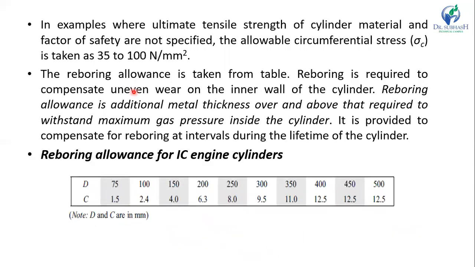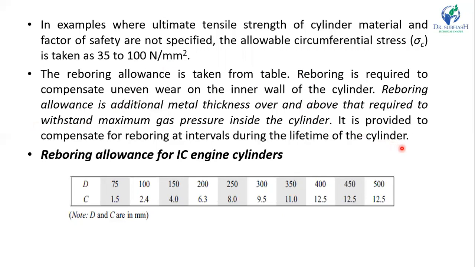In examples where the ultimate tensile strength of the cylinder material and the factor of safety are not specified, the allowable circumferential stress sigma C is generally taken as 35 to 100 Newton per mm square. The reboring allowance is taken from the table.